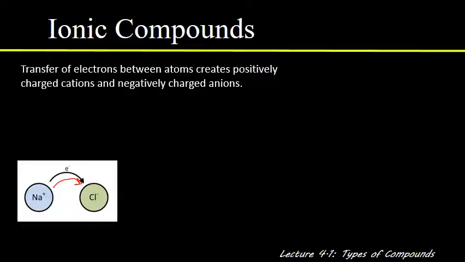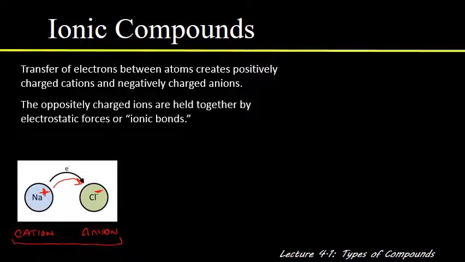Losing that electron gives the sodium a positive charge, and gaining an electron gives the chlorine a negative charge, and so you end up with a cation and anion pair, and that is your ionic compound, those two things together.